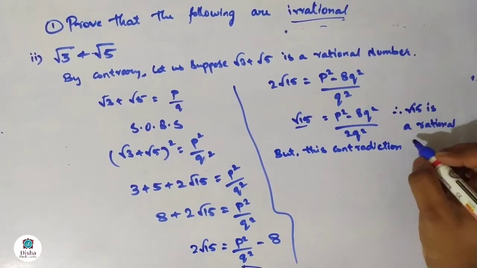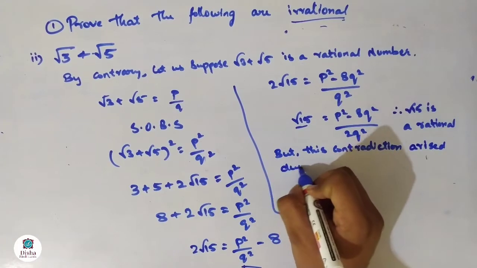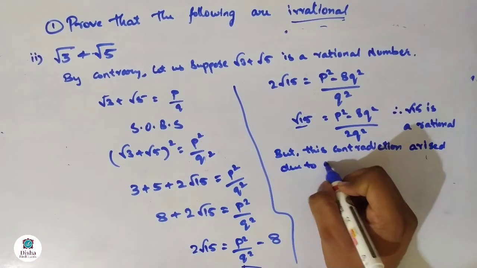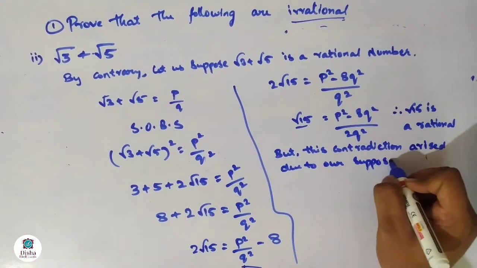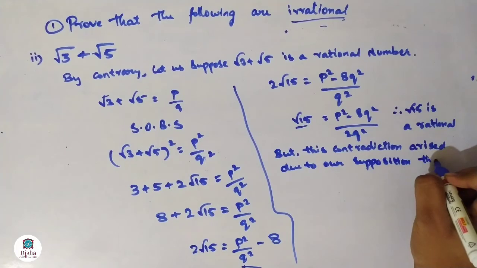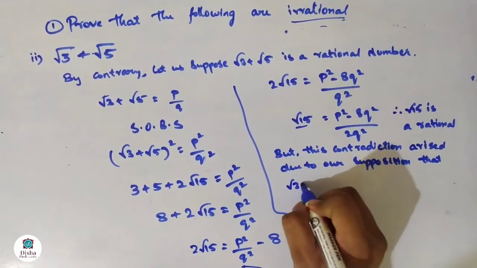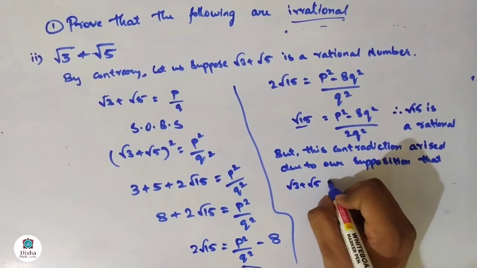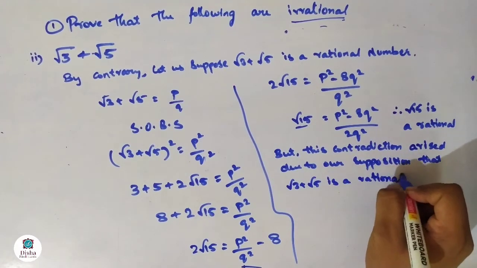But this contradiction arised due to our supposition, or we have supposed that root 3 plus root 5 is a rational number.